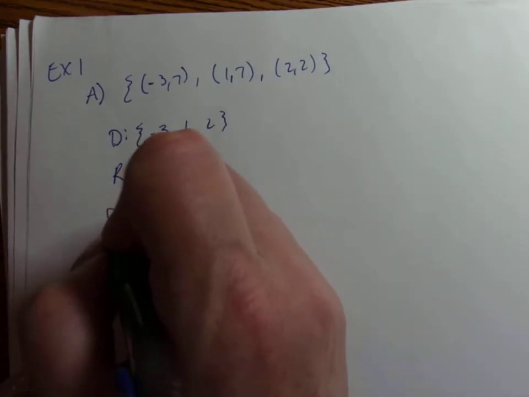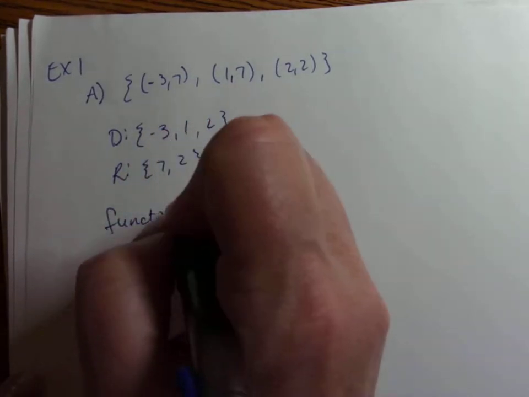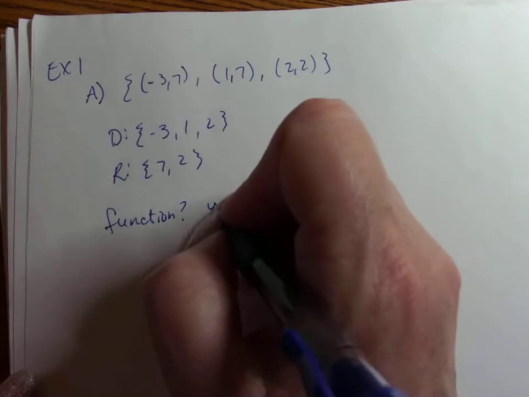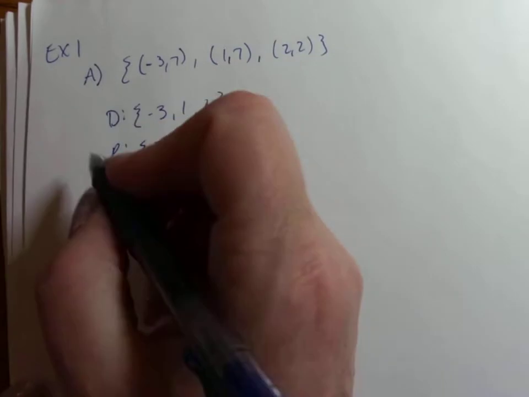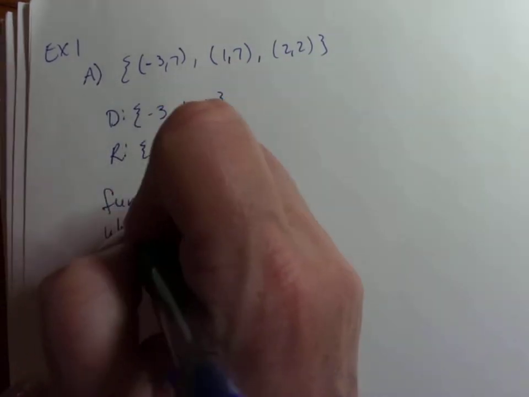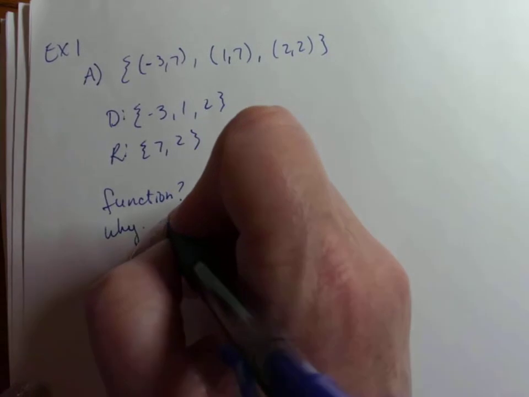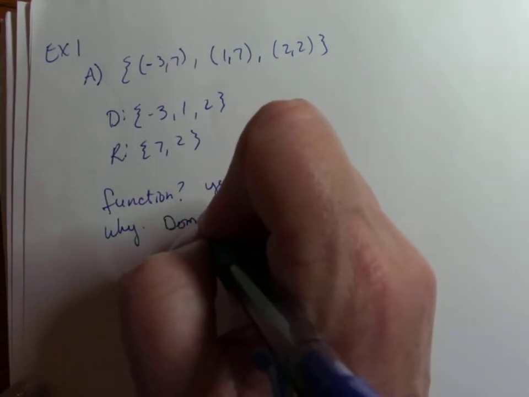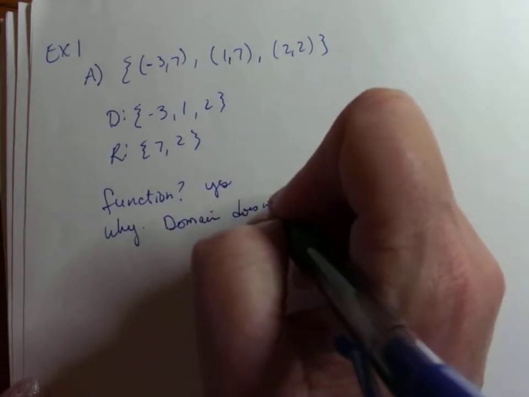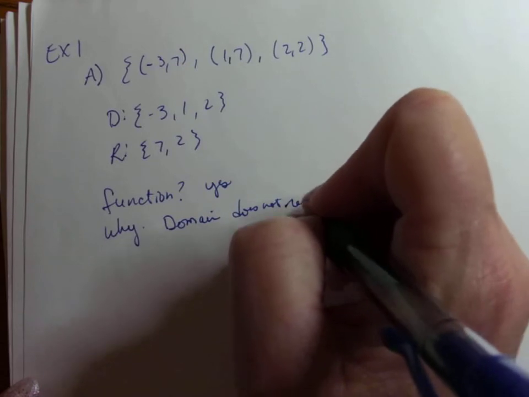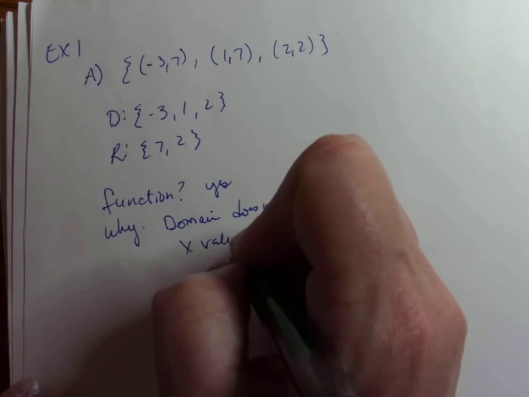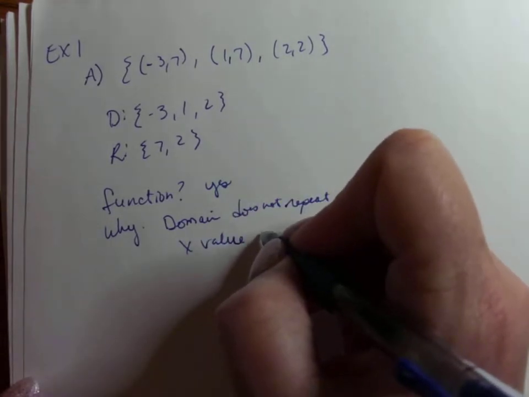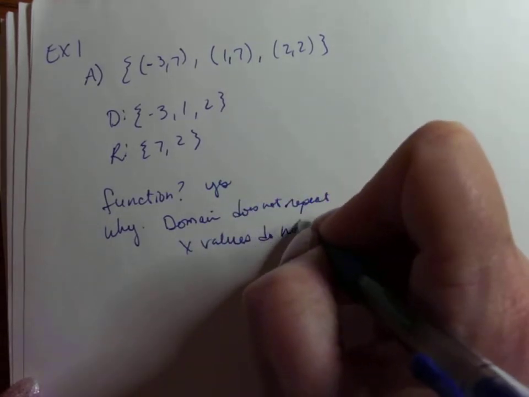And then we want to know, is this a function? Well, it is a function, and we're going to want to know why. The why is that you can either put the domain does not repeat, or you can write that the x values do not repeat, okay?